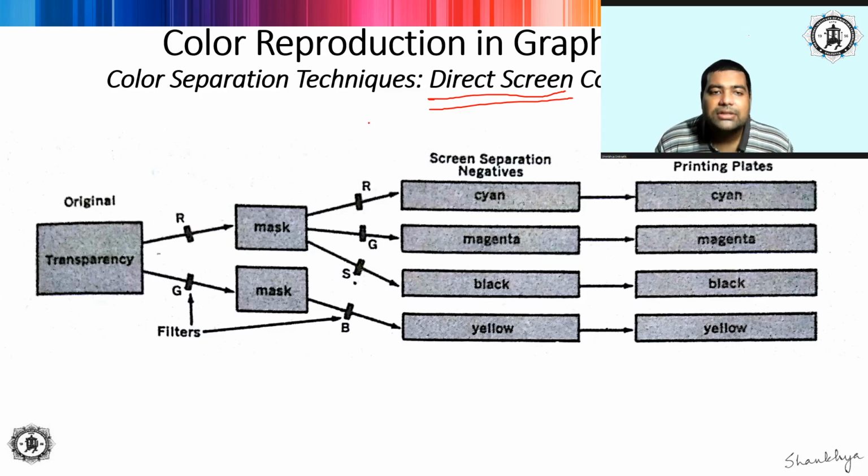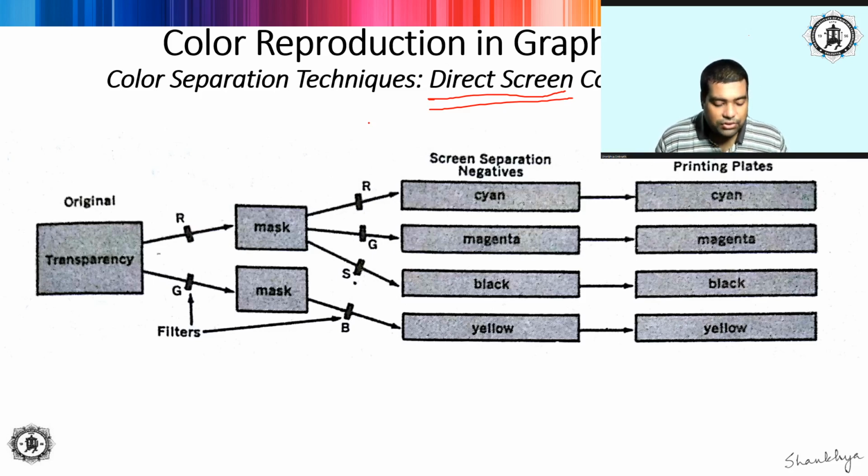So all these things we'll be discussing in maybe the next three lectures or so, and in the final lecture we'll be talking about the final physical correction of the films that have been reproduced, through flat etching, dot etching, retouching, addition of details, and all that. So, with that, we will be coming to the end of this particular module.